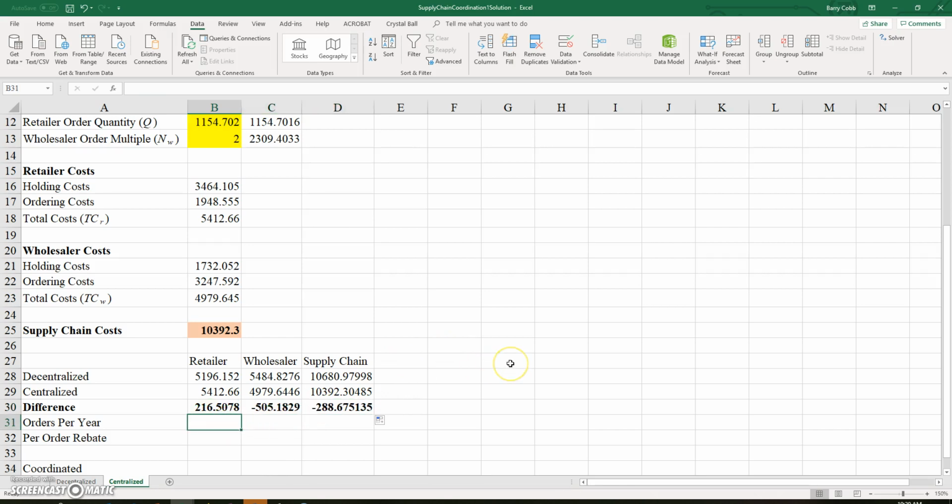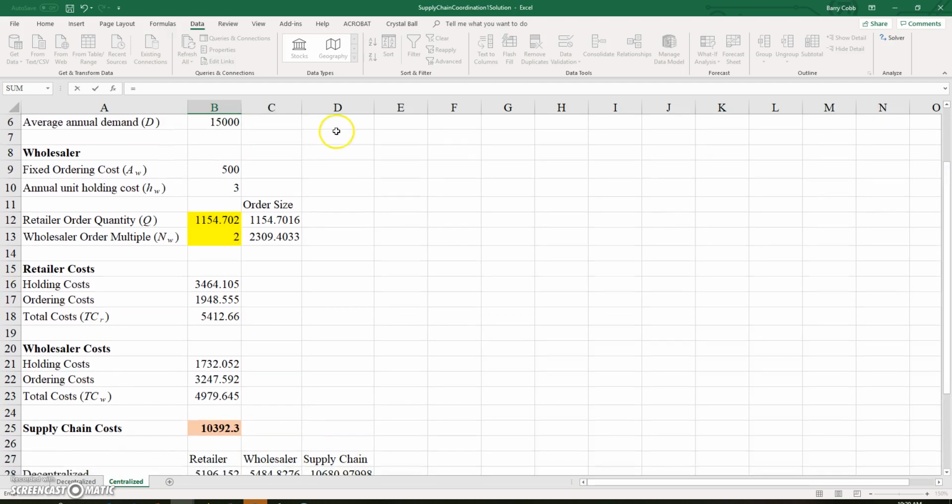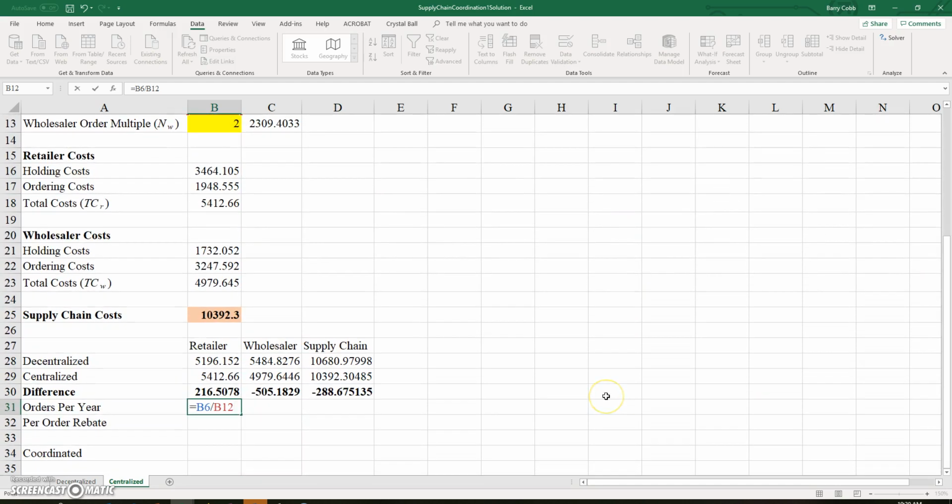The orders per year in the centralized model are the annual demand divided by the best centralized retailer order quantity. There are approximately 13 orders per year in this model.